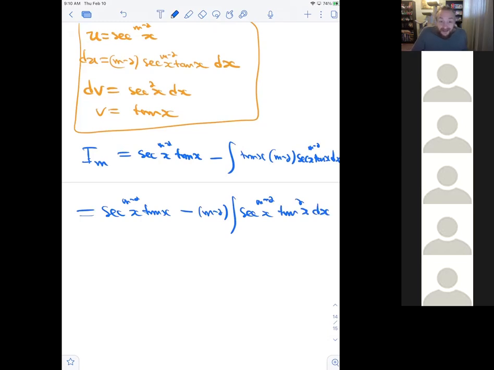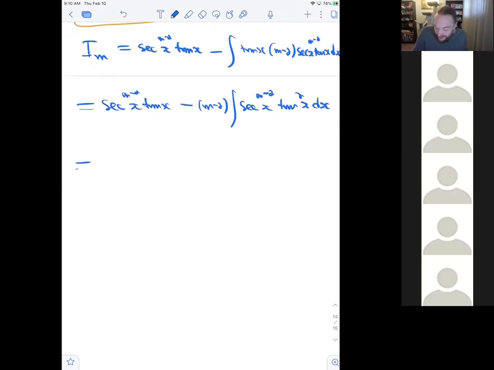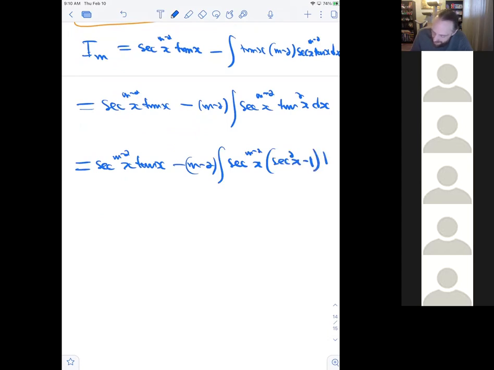Well, that's good because tan squared I can turn back into secant. So that's going to equal secant^(m-2) x tan x minus (m-2). And now what do I have? The integral of secant^(m-2) x times secant squared x minus 1 dx. I turn the tan back into secant. Then I distribute that through.